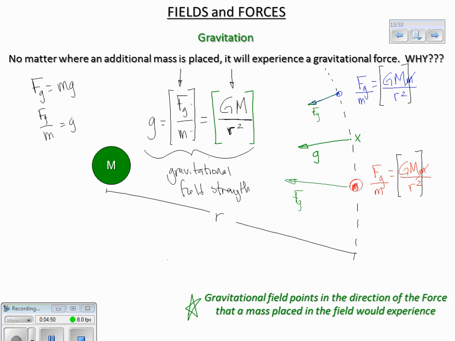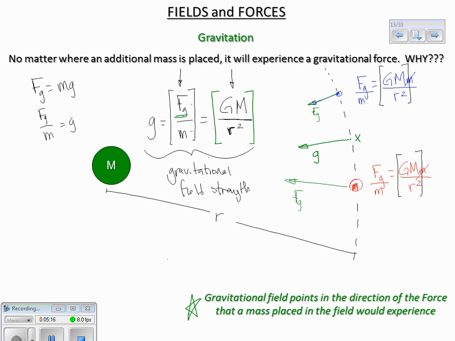And the strength of that field is what dictates how strong the force is that will be exerted on any mass if we place a mass there. But regardless of there being a mass at the location or not, at that location there is a certain gravitational field strength. Right in front of me at some place in space, the gravitational field strength is 9.8 newtons per kilogram, and it points towards the center of the Earth.